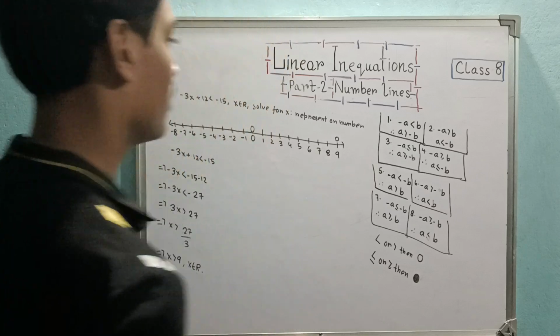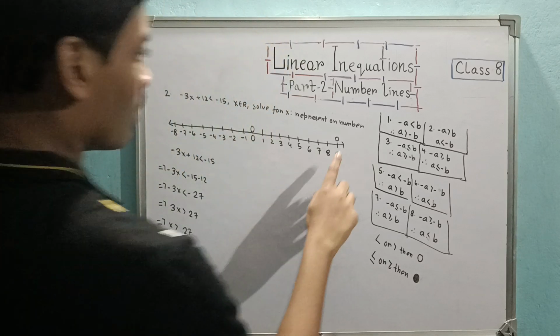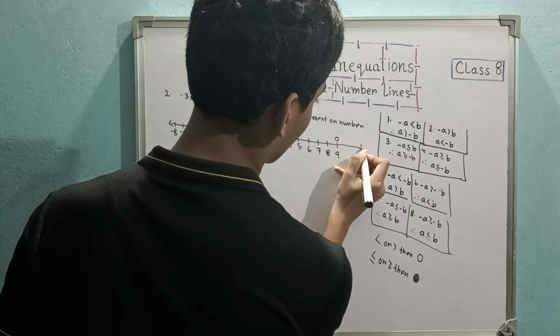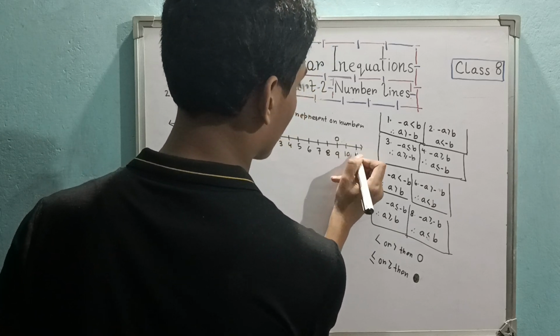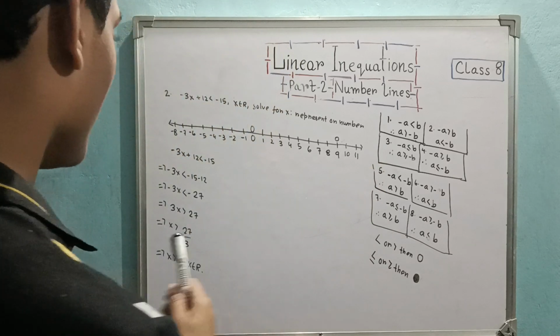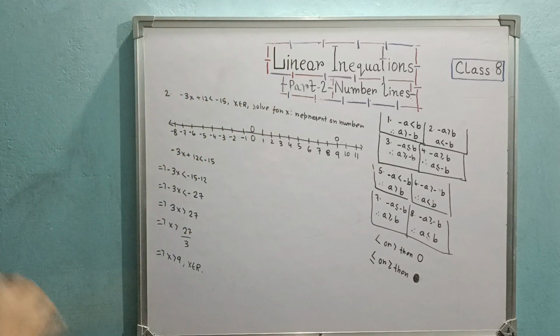Just let it be like this. A hollow circle on 9. I'm just extending it a little bit to make you understand. First 10, 11, more numbers are there. Now see, what do we know for infinite series?